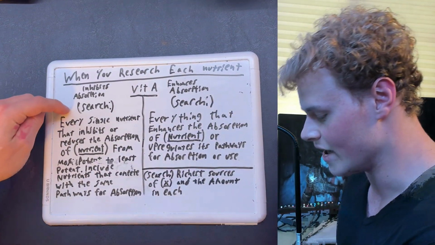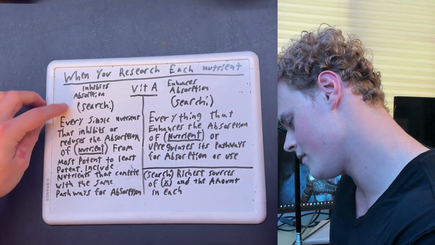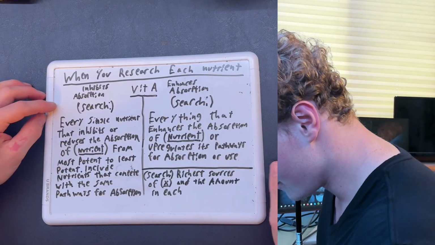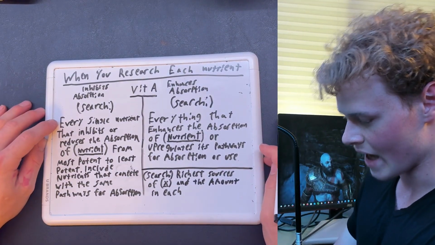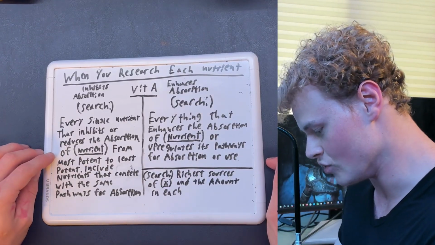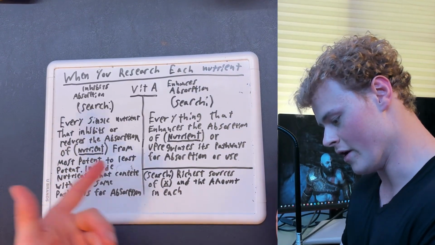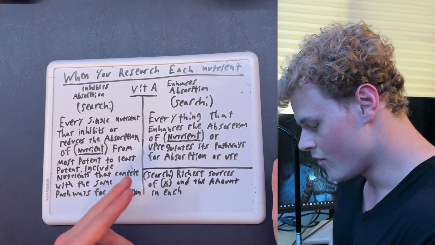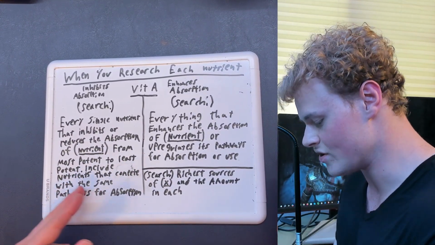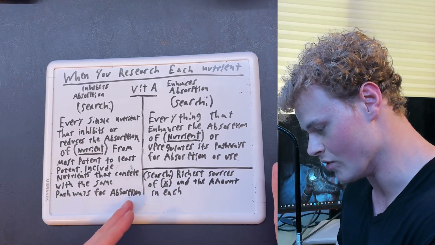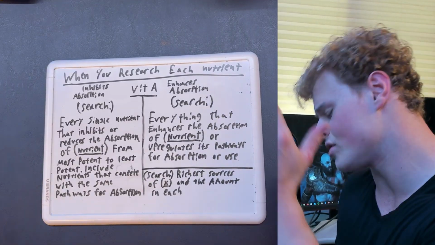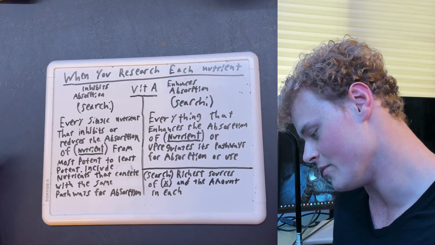This is what I want you to type into the search bar of Perplexity. I want you to type in every single nutrient that inhibits or reduces the absorption of whatever nutrient you're putting, from most potent to least potent. Include nutrients that compete with the same pathways for absorption. And then it's going to give you a list of most things that inhibit its absorption.